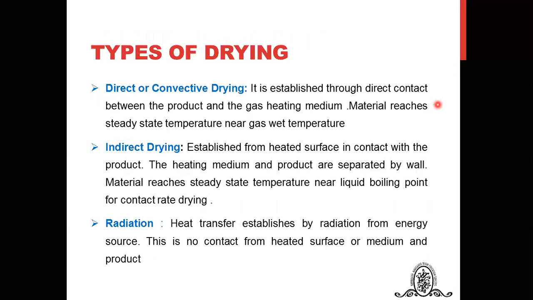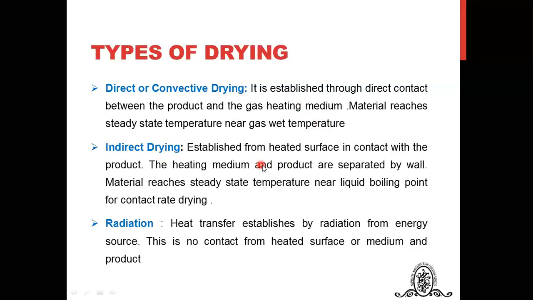Different types of drying are direct or convective drying. Means in this, convection of heat takes place, means heat transfer takes place in the convection form. It is established through the direct contact between the product and the gas heating medium. Material reaches a steady state temperature near the gas bed temperature.